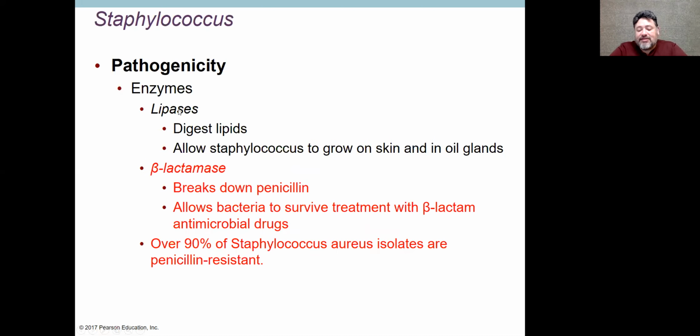Additionally, we have lipases. Lipases are interesting. When we study the metabolism of microorganisms, we talk about the catabolism of saccharides, sugars, and the catabolism of proteins, amino acids. Rarely do we talk about the catabolism of fats or lipids, okay? And that's because fats or lipids are typically not an energy source for microorganisms.